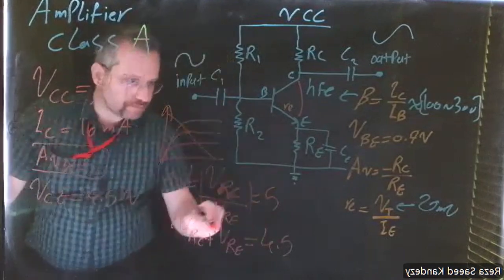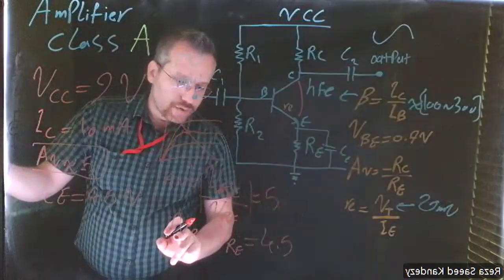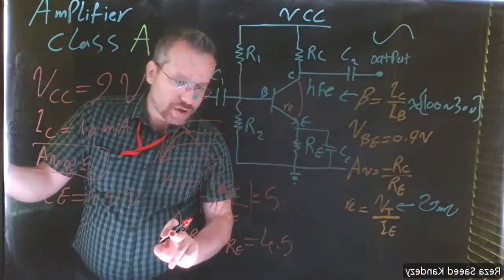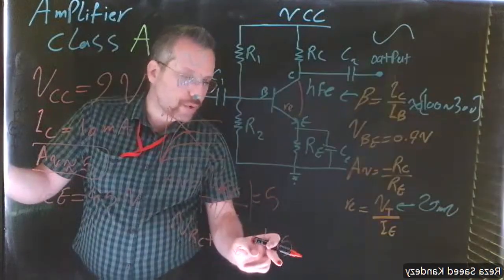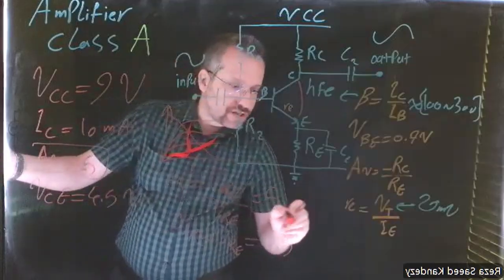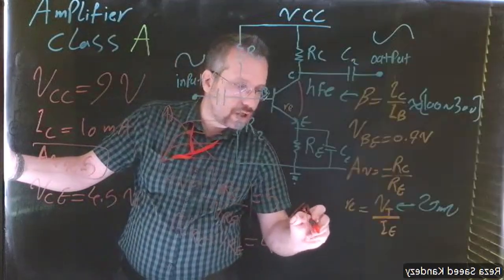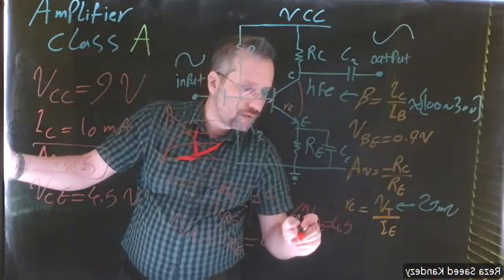So 5 times the voltage of RE plus the voltage of RE is 4.5, meaning that 6 times the voltage of RE is 4.5.